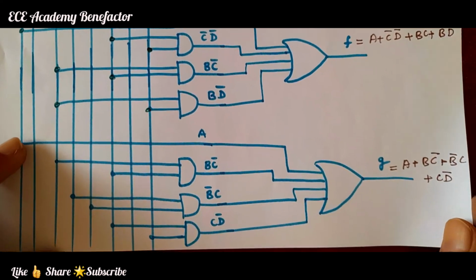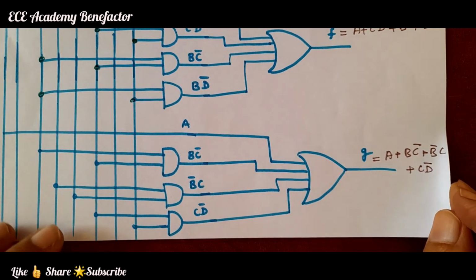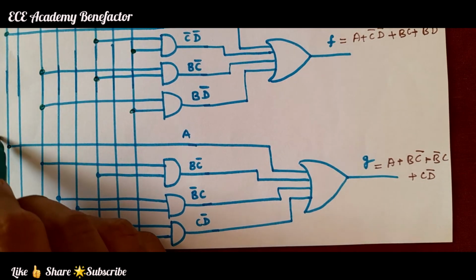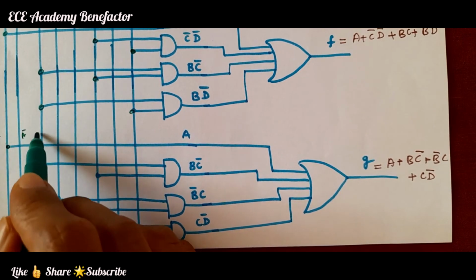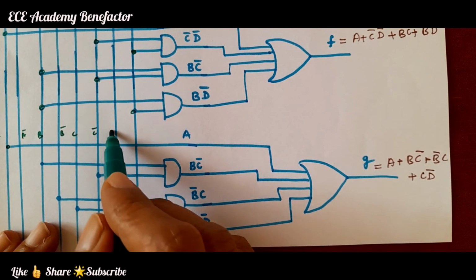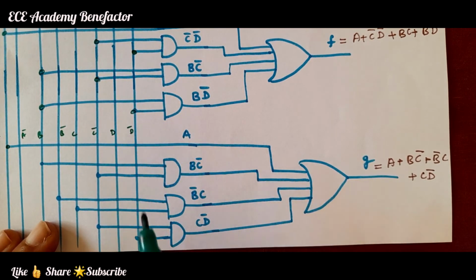Now to generate the function G, we need to connect to A. So here it is A bar, B, B bar, C, C bar, D, D bar.